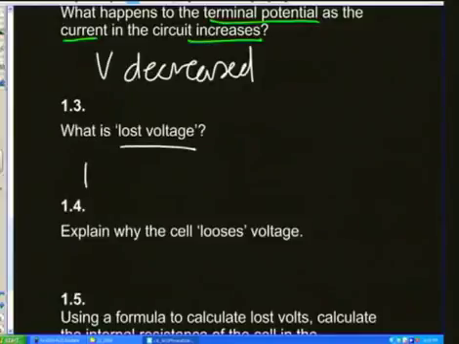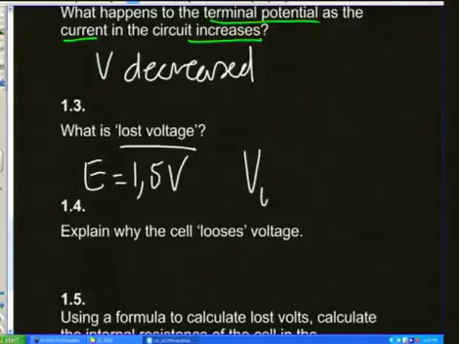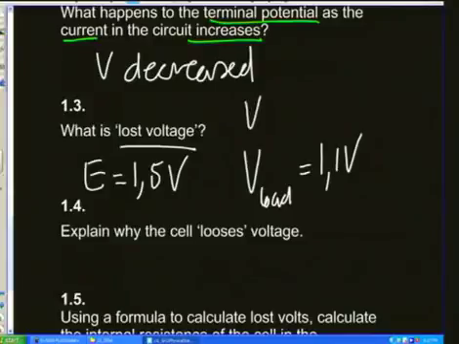Well, we started with EMF being 1,5 volts, and we had V load in this final circuit as being 1,1 volts. There's a difference between these. There's the V internal, and that was the difference between those of 0,4 volts.